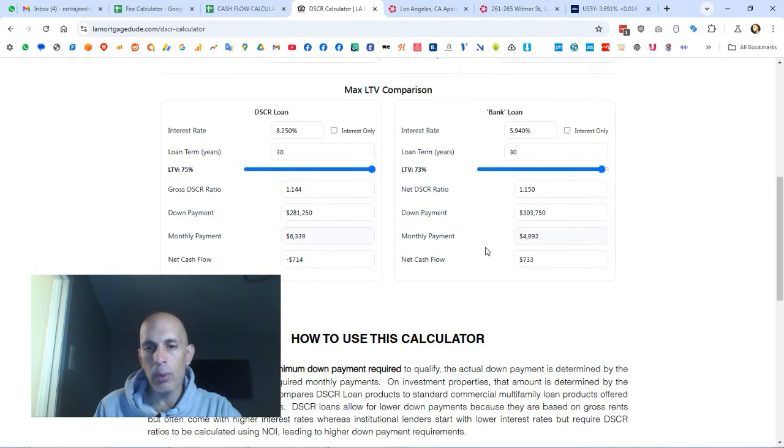So you had to put 27% down just to buy this with the normal agency loan, but you'd be cash flowing $733.